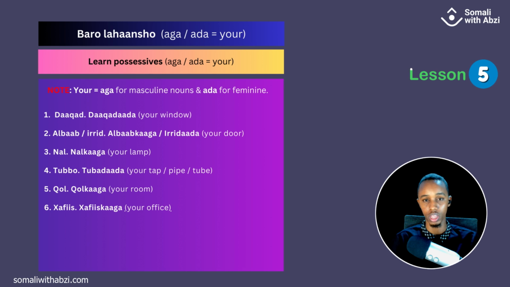Albab, the definite article is albabka, then add aga for lab or masculine. Albabkaga. Nal, nalkaga. Tubo, tubadada. Hafiz, hafizkaga. So yeah, that's very easy. Your, when you're using it in Somali, add aga for masculine, ada for feminine. Daqad, daqada, daqadada. Nal, nalka, nalkaga.